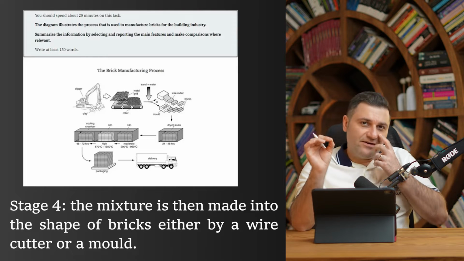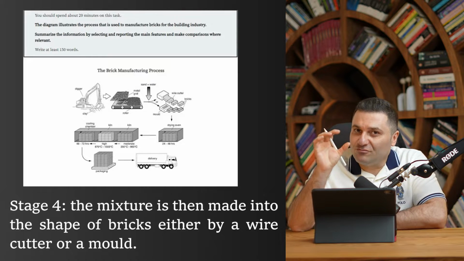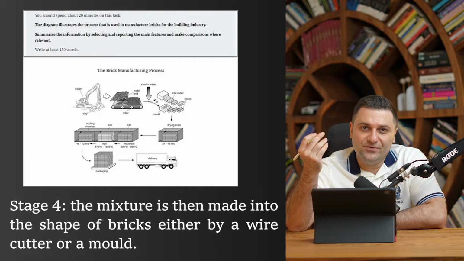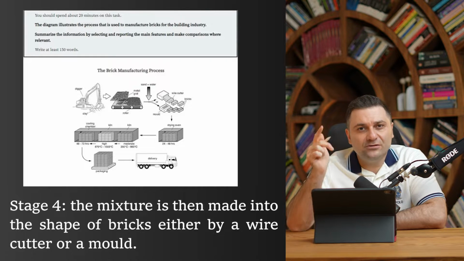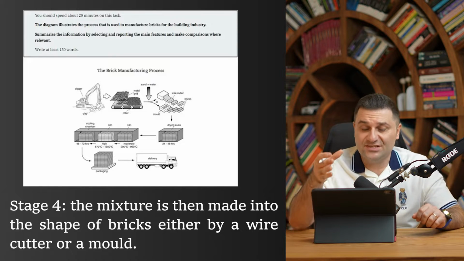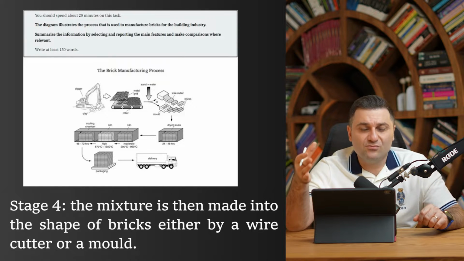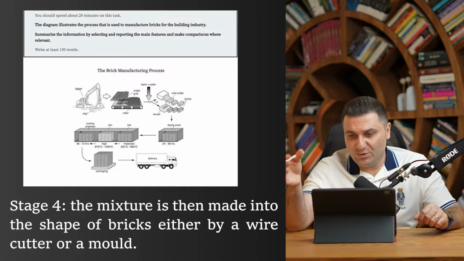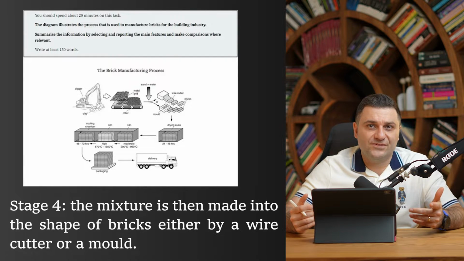So it is very, very important that in writing a report about diagrams, you follow two very important rules. The first is that your tense should be present simple tense and the voice should be passive voice because you're talking about the production of something.